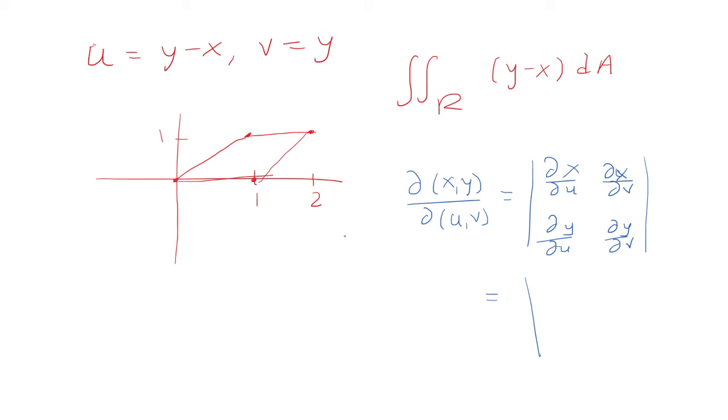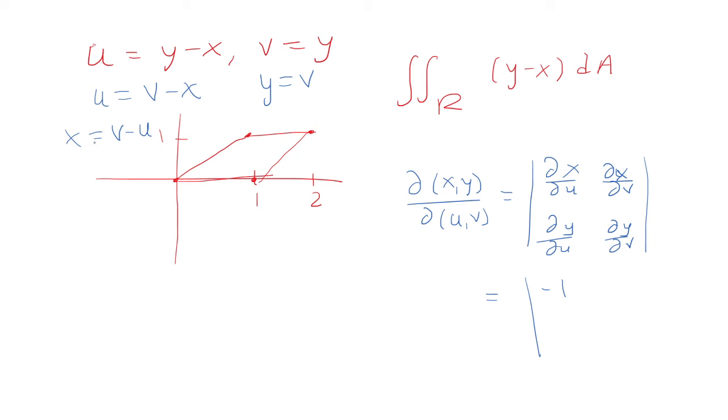So we need to first solve for x and y. So notice here that y equals v. So substitute that here, we'll get u equals v minus x. And so we'll get x equals v minus u. Okay, now we can take the derivative with respect to u of x to get -1.